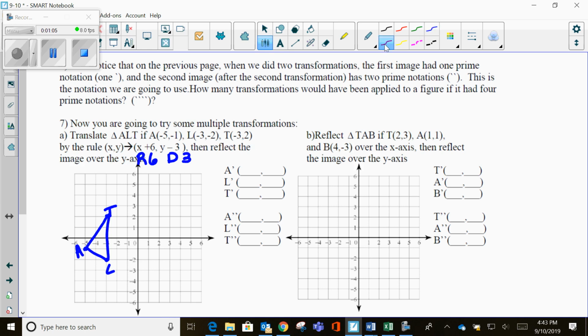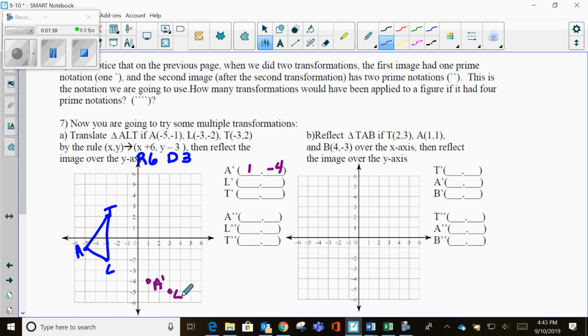So first I'm going to complete the first transformation. And that's going to take each point. So I'm going to start at A, and I'm going to go over 1, 2, 3, 4, 5, 6, and down 1, 2, 3. And this is going to be my A prime. And that means this point is 1, -4. Now I'm going to take my L, which is over 1, 2, 3, 4, 5, 6, down 1, 2, 3.